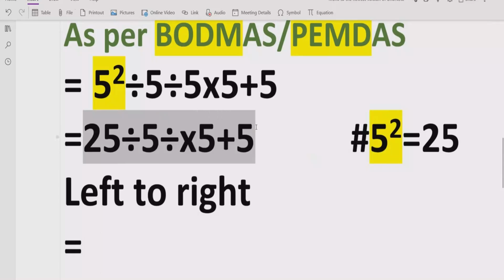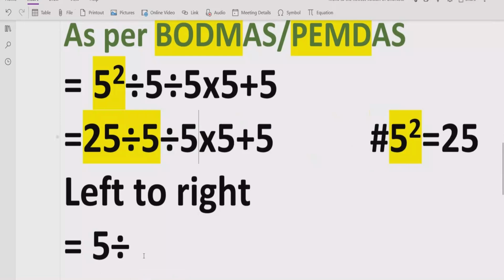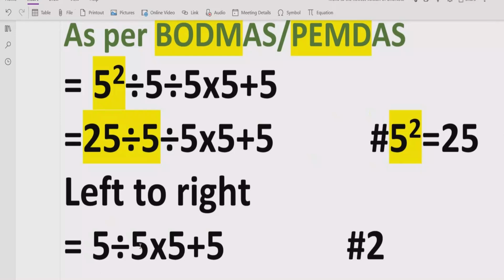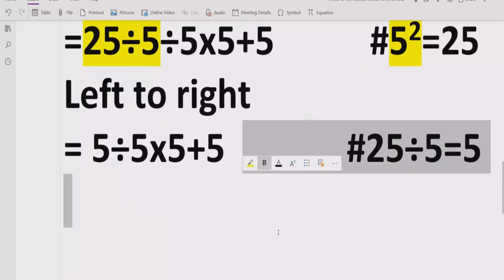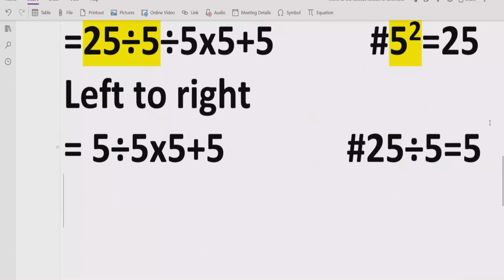So now we have 25 divided by 5, which is equal to 5, and divided by 5, multiplied by 5 plus 5. We will write it here as it is. And here we give the reference: 25 divided by 5 equals 5.